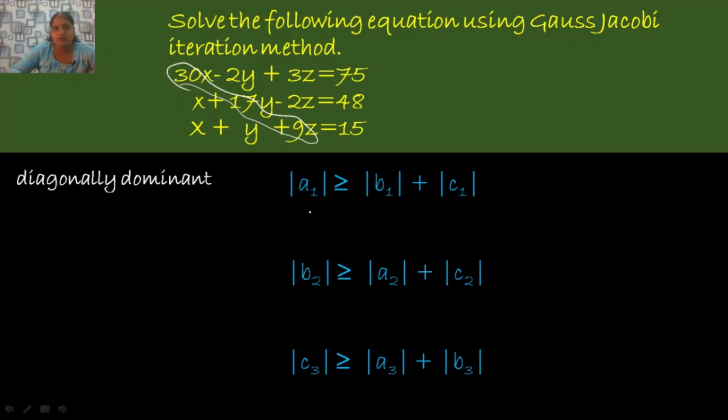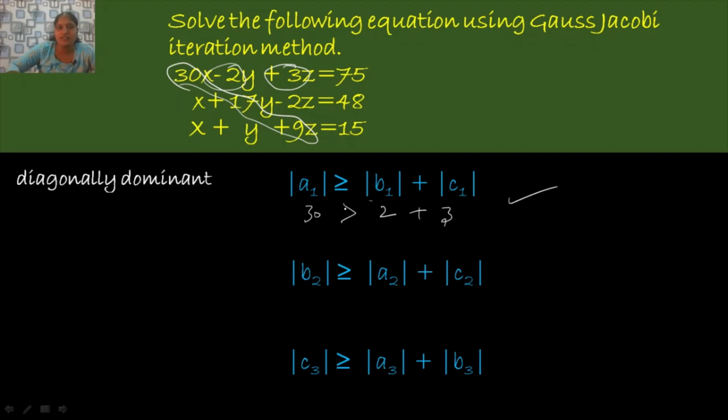The absolute value of 30 is 30, b1 is minus 2, so its absolute value is 2, and c1 is plus 3. You have to take the absolute values: if it is plus, no problem; if it is minus, make it positive. So 2 plus 3 is 5. Definitely 30 is greater than 5.